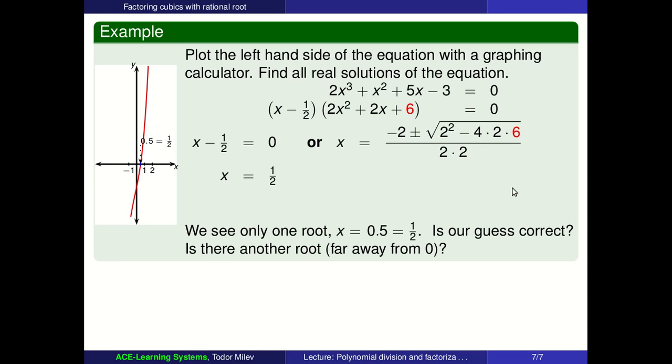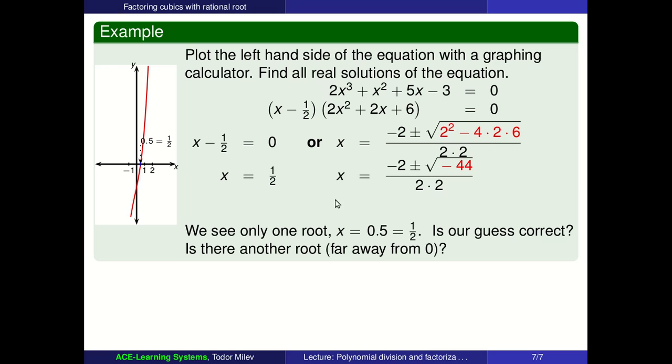So we get negative 2 plus or minus radical of 2 squared, which is 4, minus 4 times 2 times 6, which is 8 times 6, or 48. 4 minus 48 is negative 44. So we get negative 2 plus or minus radical of negative 44 over 2 times 2.